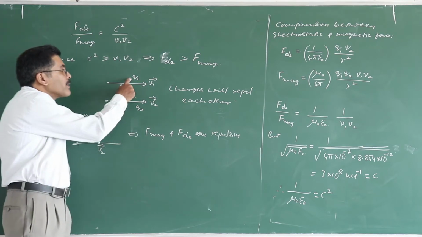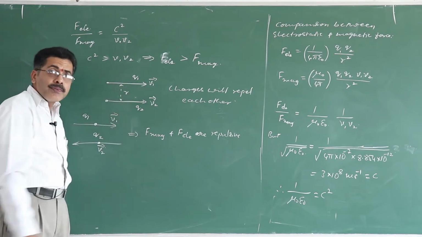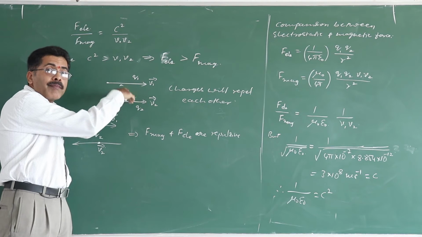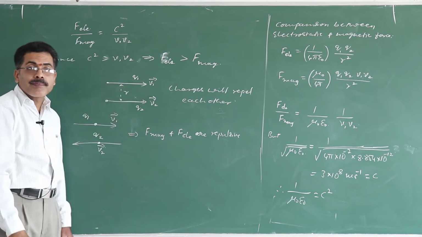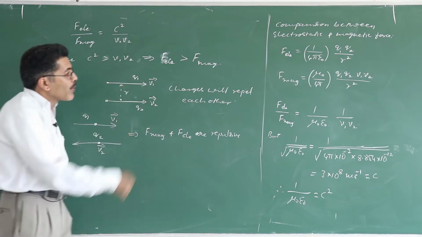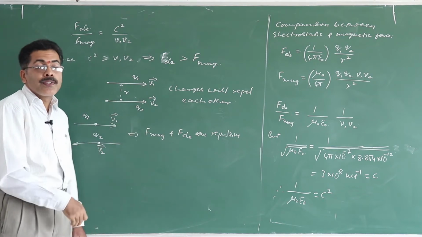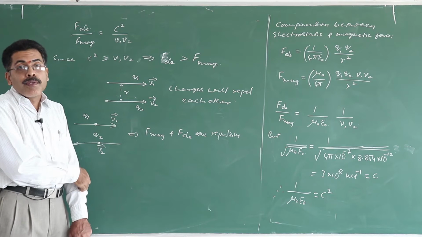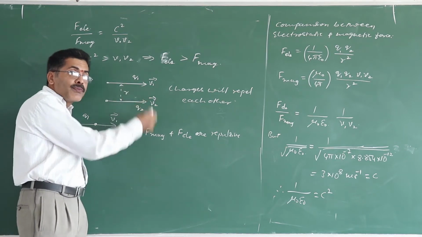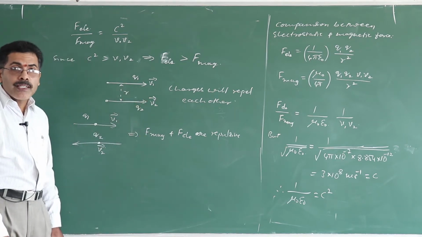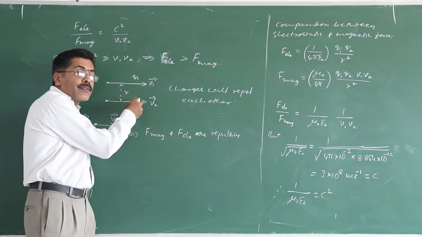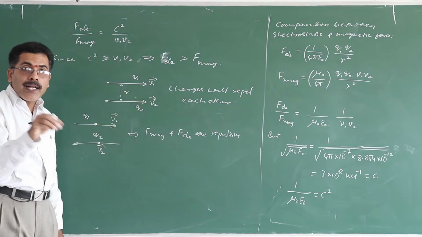If there is one positive charge and another one negative charge, then there will be magnetic force of repulsion, because electrostatic force is attractive but magnetic force is repulsive. Since electrostatic force dominates over magnetic force, though there is a repulsion, there will be attraction.